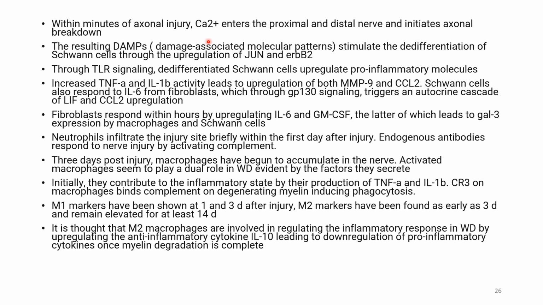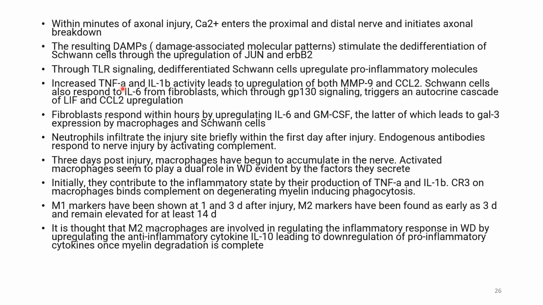These breakdown products will stimulate the Schwann cells through the upregulation of JUN and ERBB2. Then through TLR, toll-like receptor signaling, the de-differentiated Schwann cells upregulate pro-inflammatory molecules. So what are those? Interleukin 1 beta and TNF alpha. They will be upregulated, and this leads to upregulation of MMP9 and CCL2.